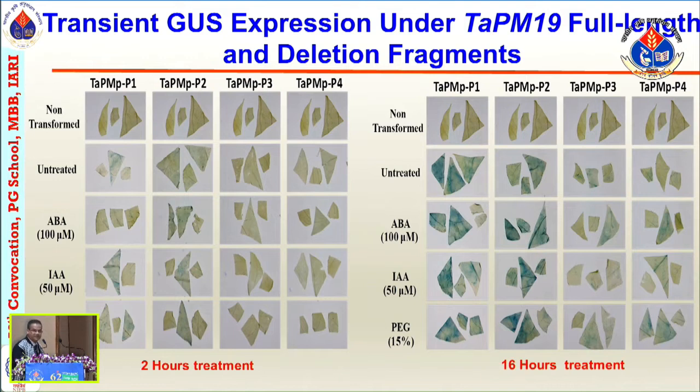When these vector cassettes were vacuum infiltrated into Nicotiana benthamiana leaves for transient GUS expression, it was observed that the 2 promoter fragments P1 and P2 could drive GUS expression equally well, at a consistent level under different treatments. So it was thought that a particular region of the promoter could be responsible for driving expression of the PM19 gene.